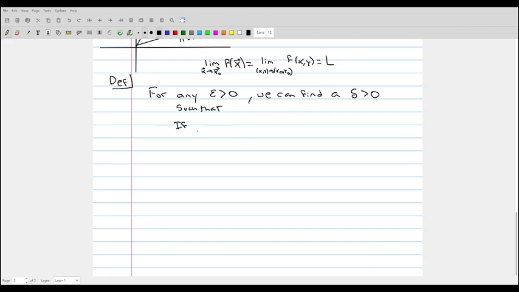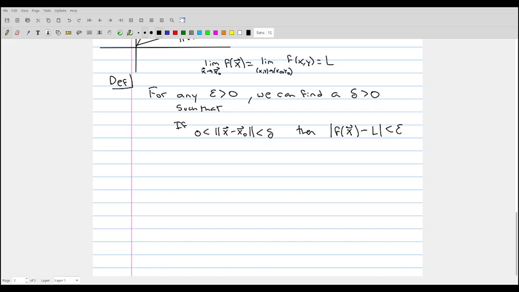If the distance between x and x naught, this is the norm of this vector, is less than delta, or within delta, so if you're close enough to x naught, then the value of the function f of x minus the limit is within epsilon.